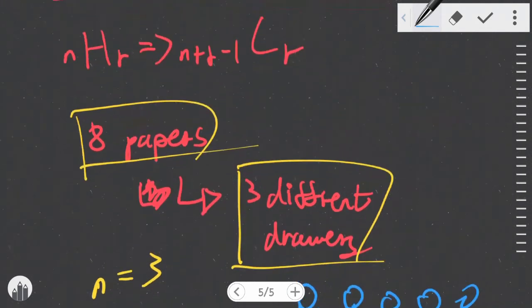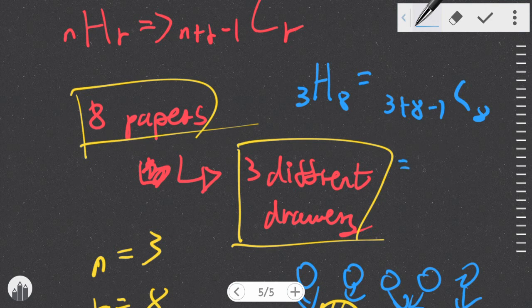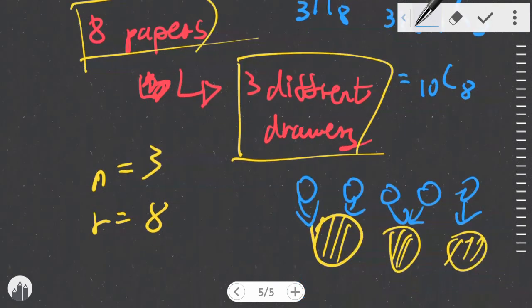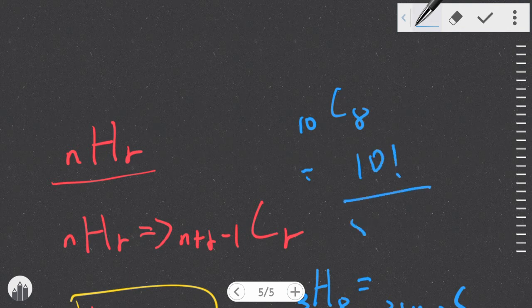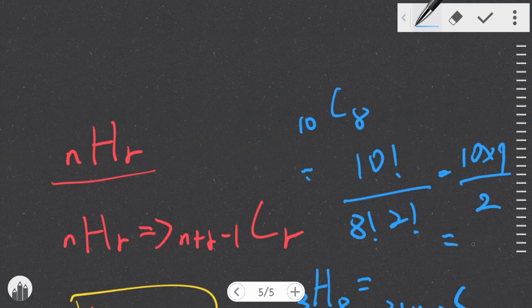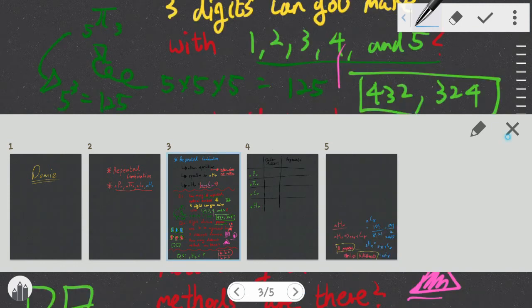So the equation would be 3H8, which becomes 3 plus 8 minus 1 C 8, which is 10C8. If you simplify, 10C8 equals 10 factorial over 8 factorial times 2 factorial, which becomes 10 times 9 over 2, which is 45. That's how the question works.